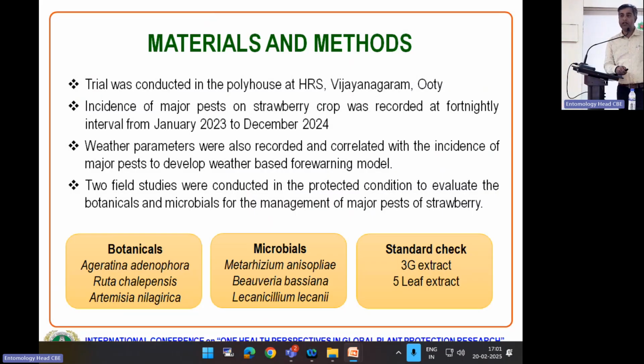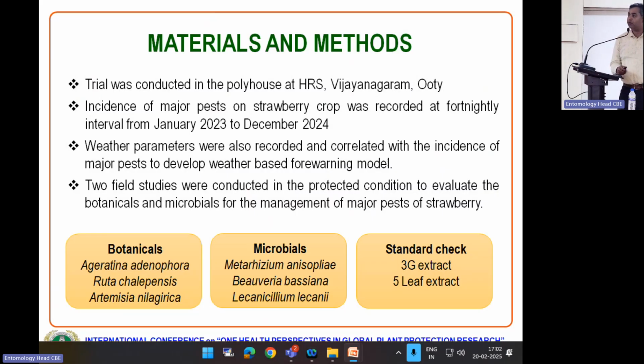For the botanicals, based on the earlier studies, we have taken 3 plants: Ageratina adenophora, Ruta graveolens and Artemisia nilagirica. These 3 plants have been proven in earlier studies on other crops to have insecticidal properties, and a 3% crude aqueous solution was taken for this study. For microbials, Metarhizium anisopliae, Beauveria bassiana and Lecanicillium lecanii.